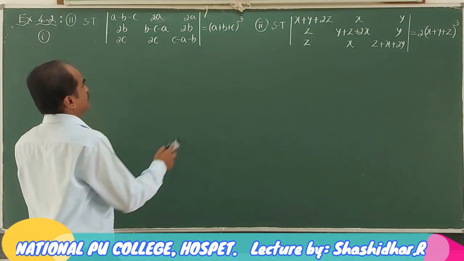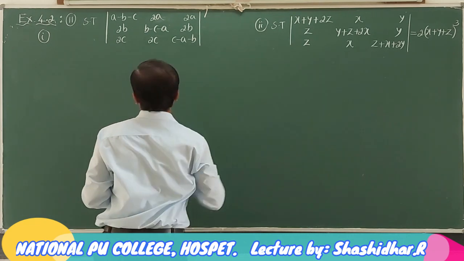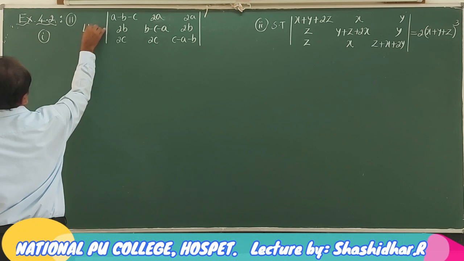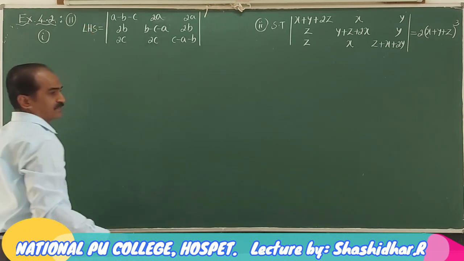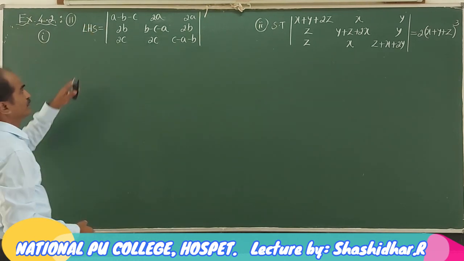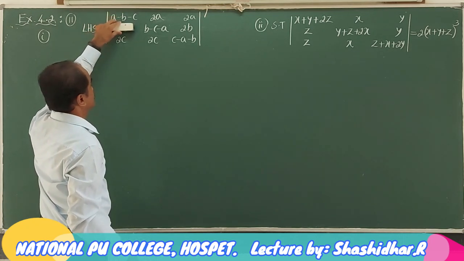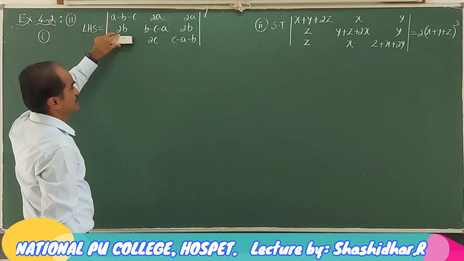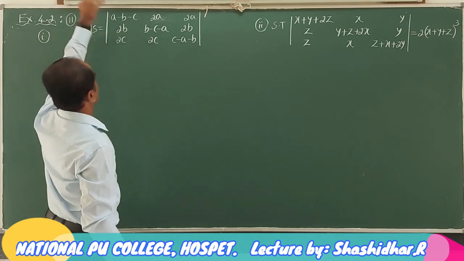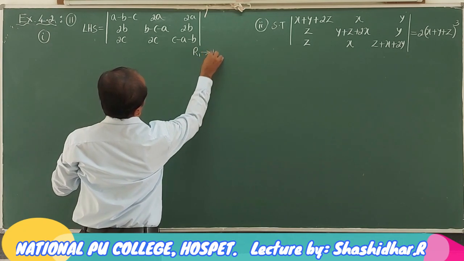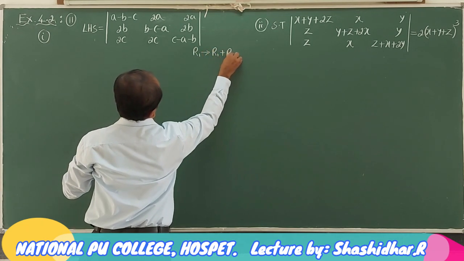Now observe the elements carefully. In what way are we going to get a plus b plus c? Observe the elements row wise. This is the first element in the first row, this is the first element in the second row, this is the first element in the third row. Add all these, that is R1 changes to R1 plus R2 plus R3.